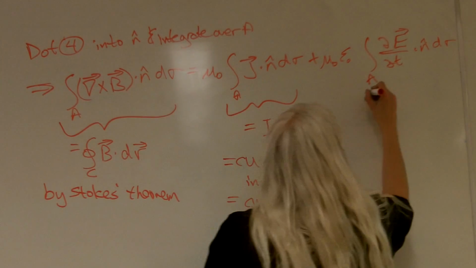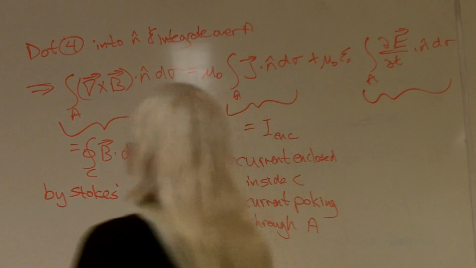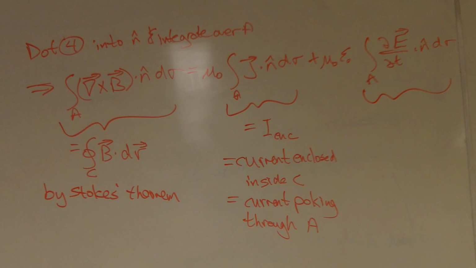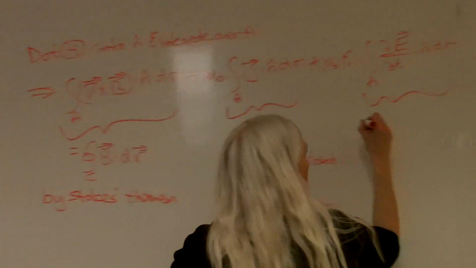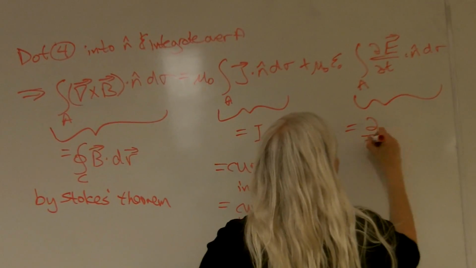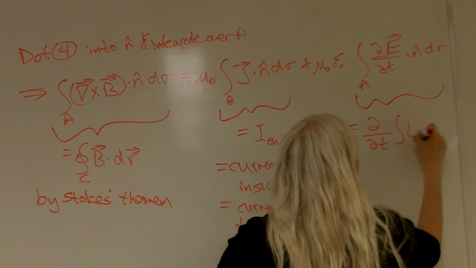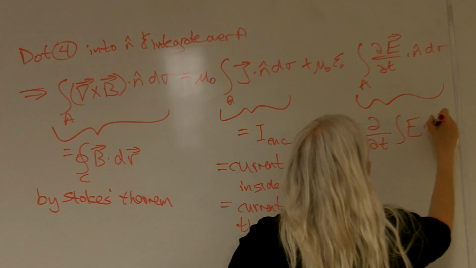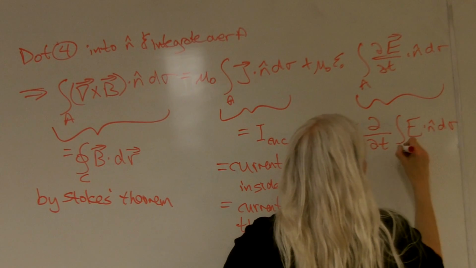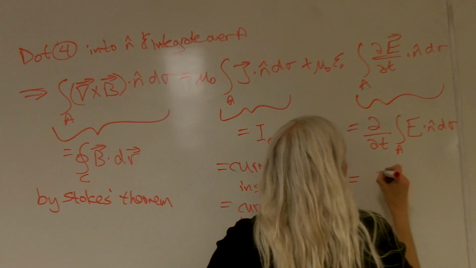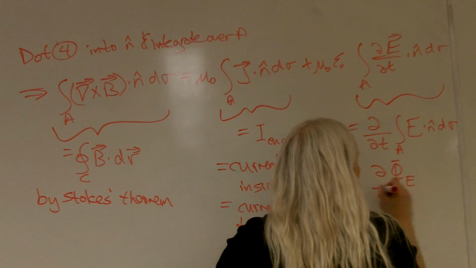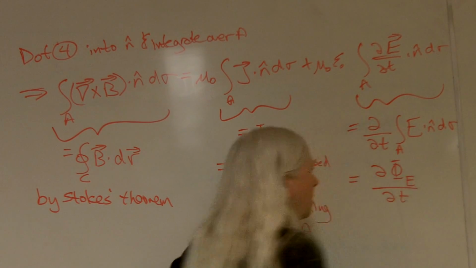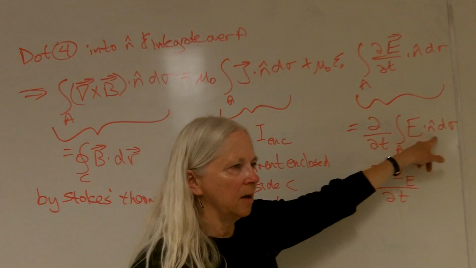And for the second term on the right-hand side, I'm going to do the same thing I did for the only term on the right-hand side here. I'm going to just pull the time derivative out in front of the integral. So this is the derivative with respect to time of the integral of E dot n hat d sigma integrated over this area A, or sometimes this integral is written as the electric flux, phi sub E, right?